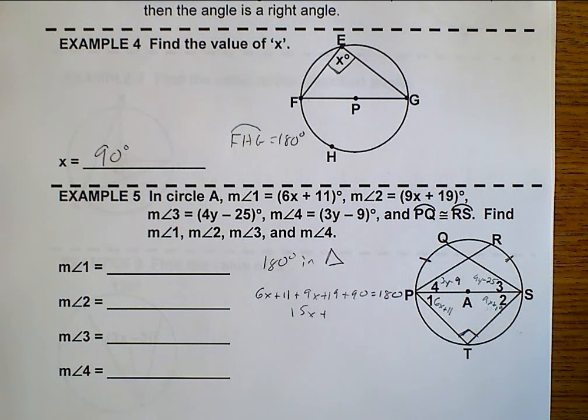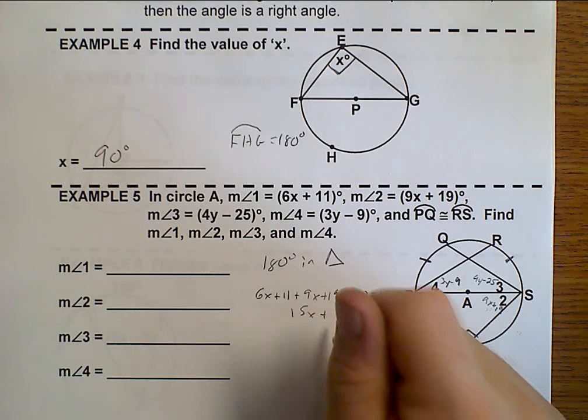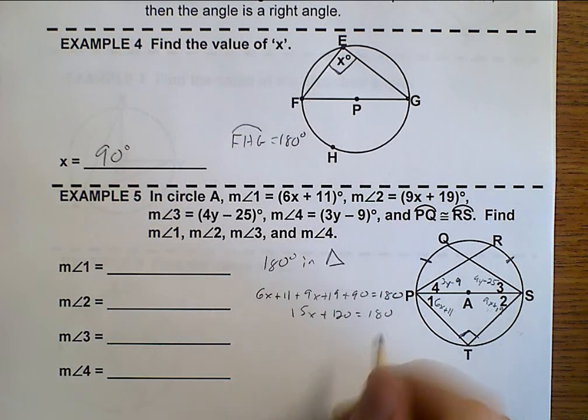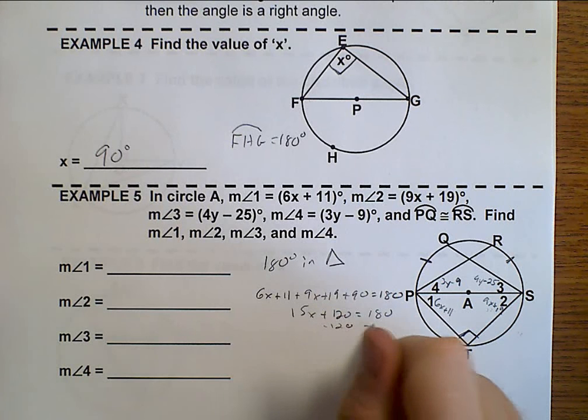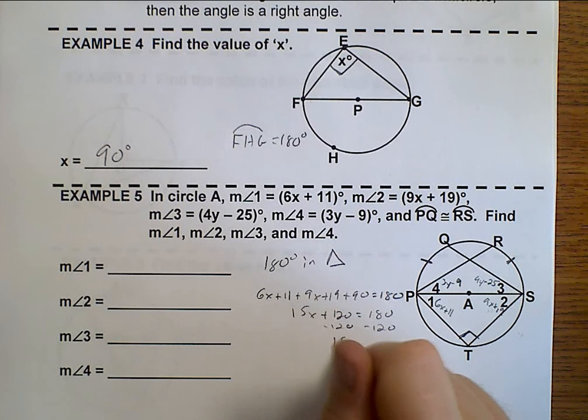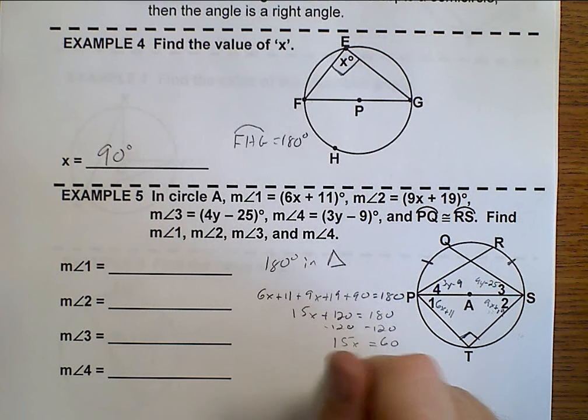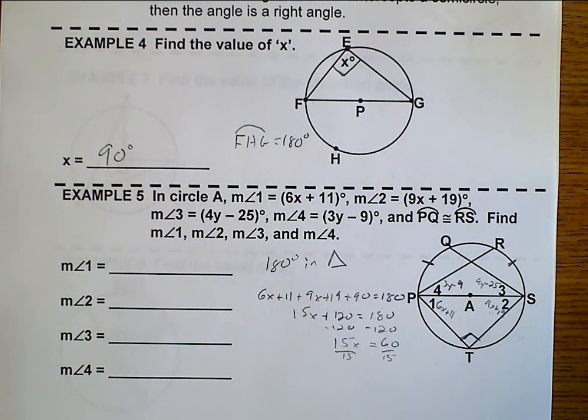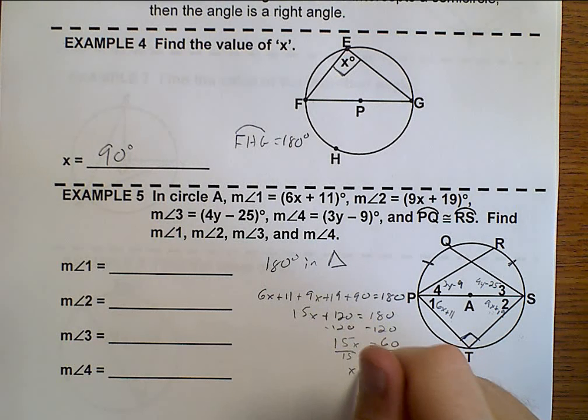When we add those together, we get 120. That equals 180. We subtract 120, and we get that 15x equals 60. Divide by 15, and we get that x equals 4.